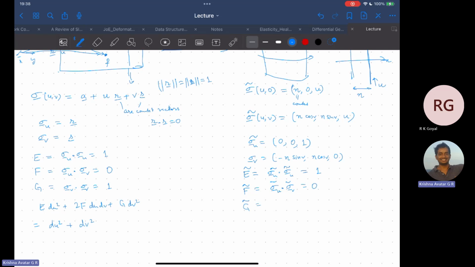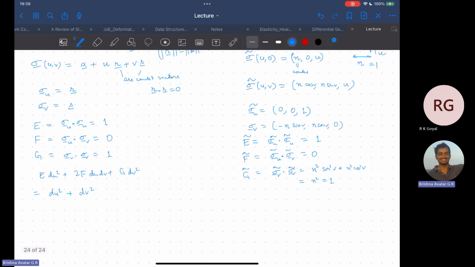And G tilde is sigma v dot sigma v. And this again is n squared sine squared v plus n squared cosine squared v. And now I will just retrace things back, right? So this is equal to n squared times sine squared plus cosine squared, which is n squared. So as an afterthought, take n equal to 1. So this becomes n squared equal to 1. This is just an afterthought, after backtracking everything.